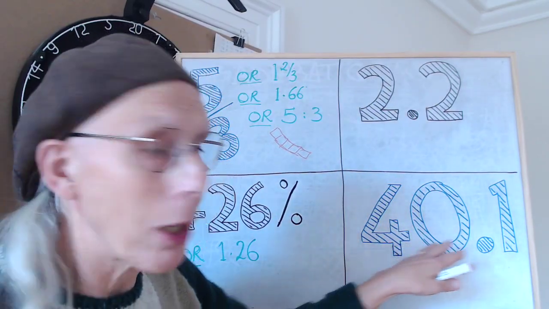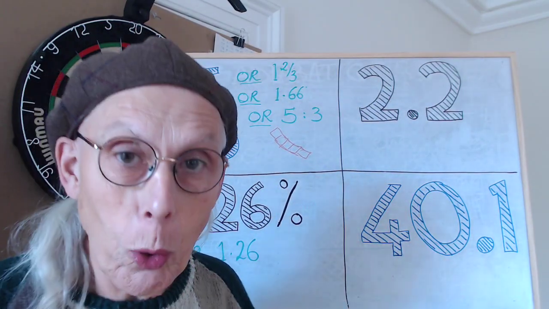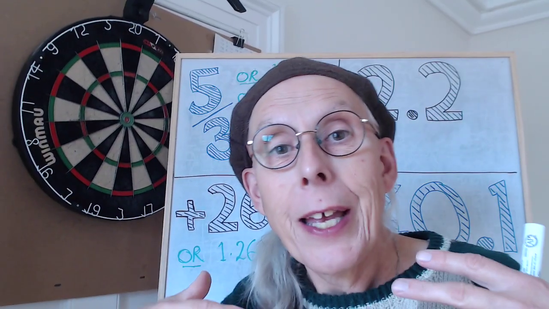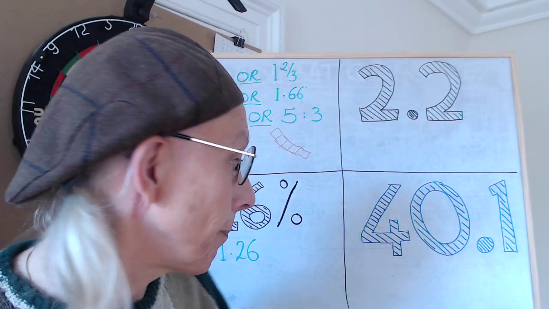And our final number is 40.1. What is 40.1? If you get my friend Tony or a blindfold player to throw darts at random at the dartboard for a long time, their average score per visit is 40.1.